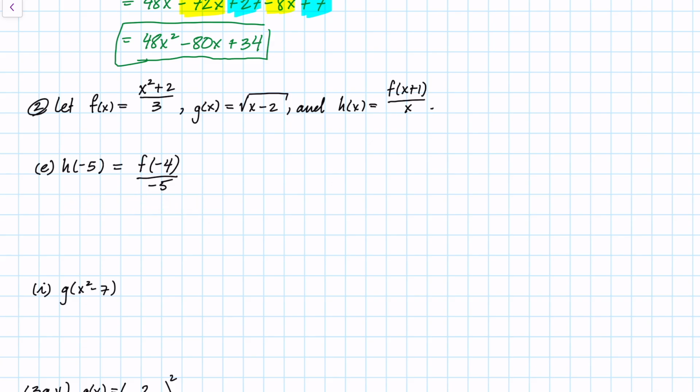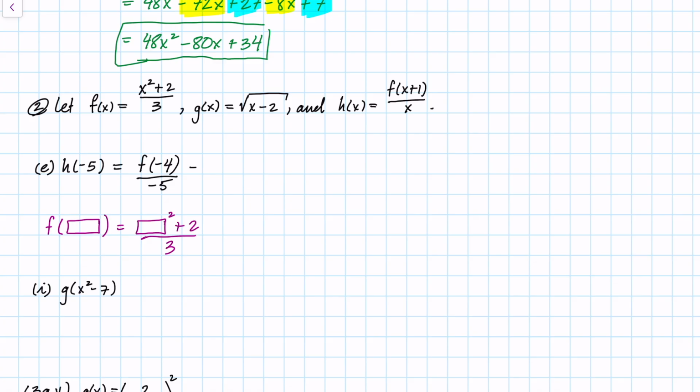All right, so now f is defined by this rule. Okay, so again, I'm just doing f now. If you think of the input as an empty box, f is going to take whatever is in the box, square it, add 2 to it, and then divide by 3.